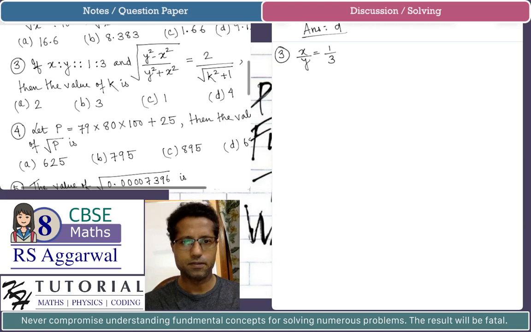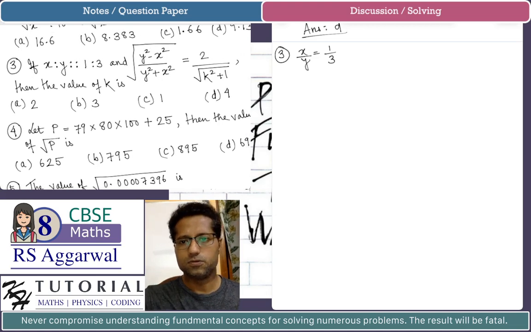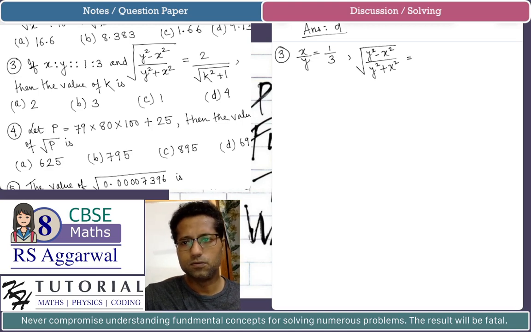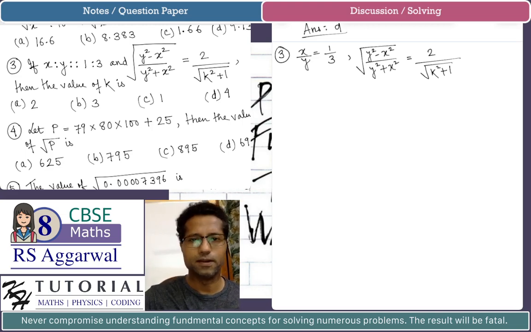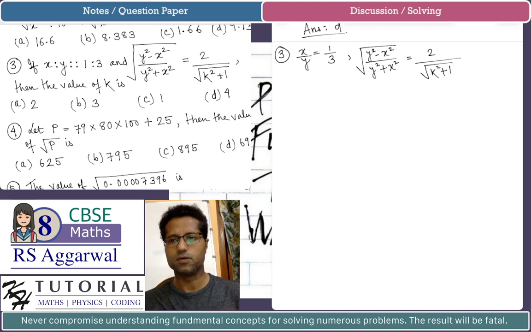Also it is given that the square root of y squared minus x squared divided by y squared plus x squared is equal to 2 by the square root of k squared plus 1. Then find the value of k. From this information we have to find the value of k.